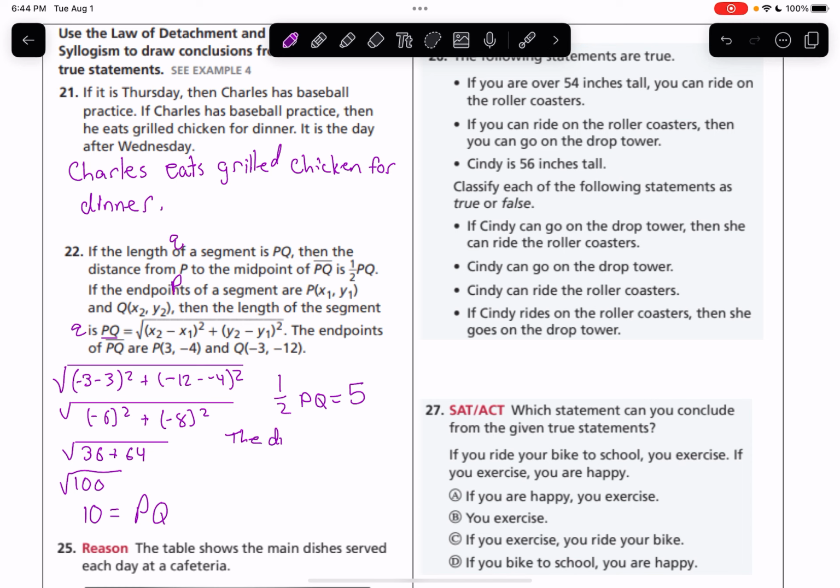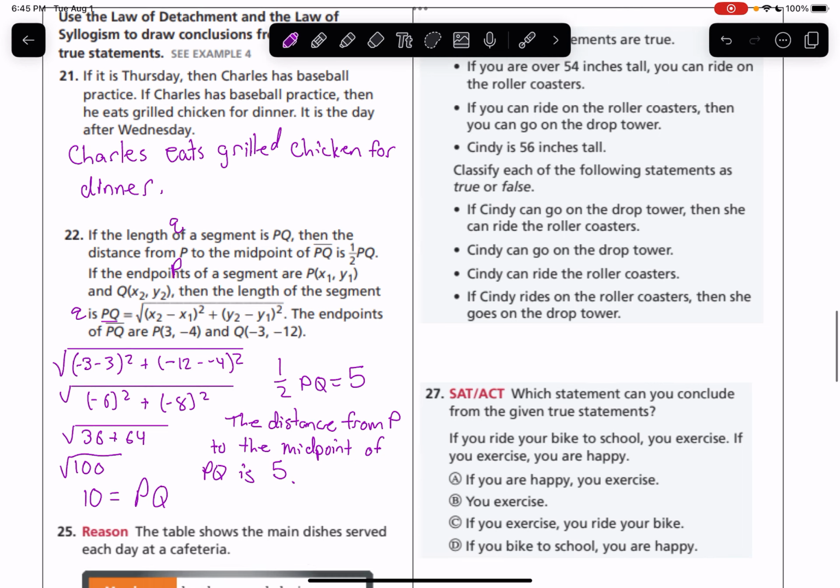The distance from P, the endpoint P, to the midpoint of PQ is 5. And that's our conclusion.